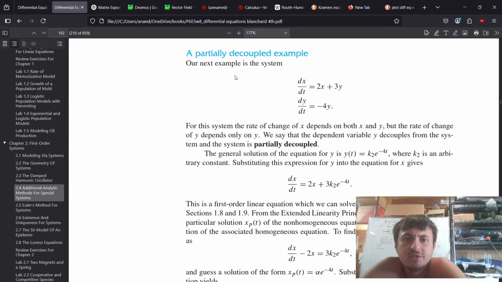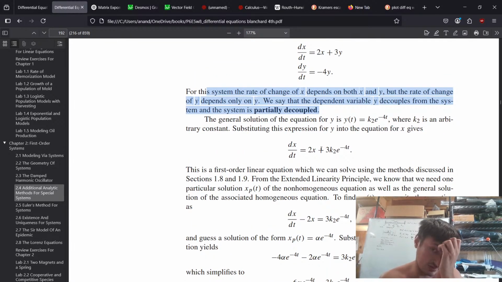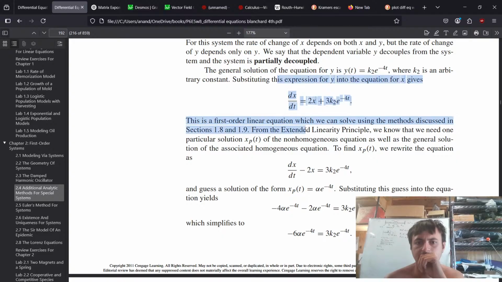Partially decoupled. For this system, the rate of change of x depends on both x and y, but the rate of change of y depends only on y. We say this is partially decoupled. Okay.